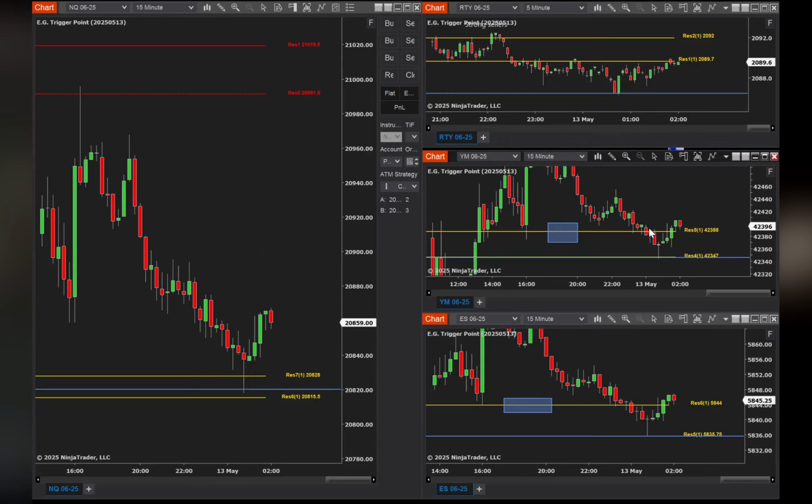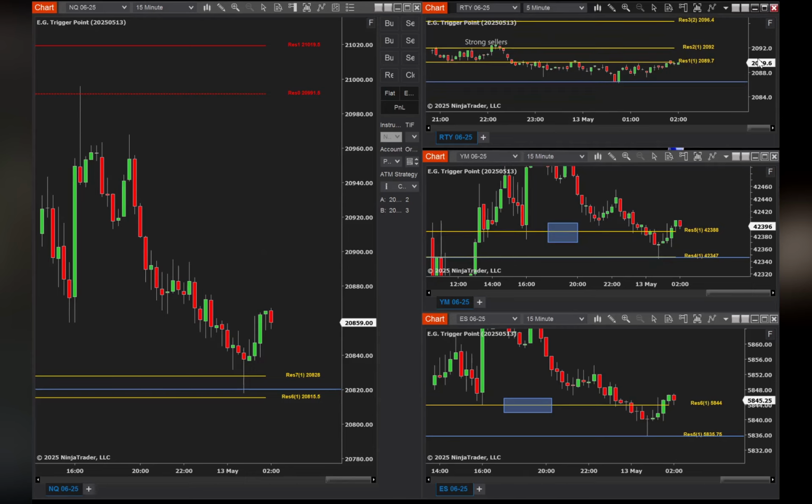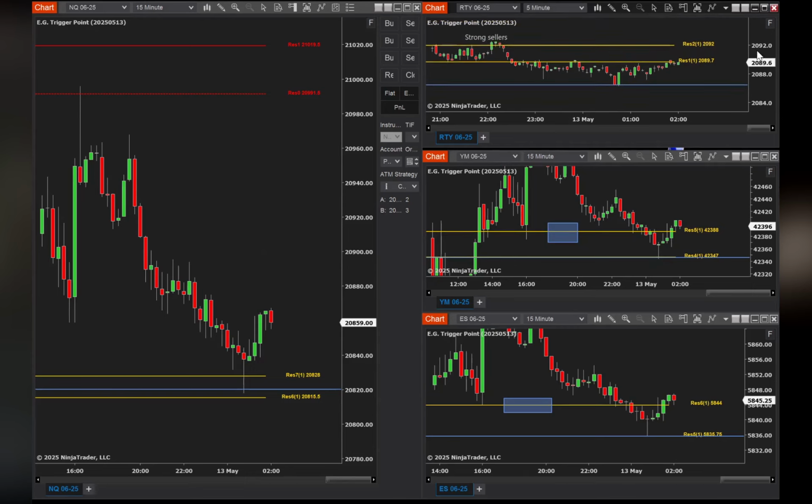I took this short opportunity, but now the markets are at support. RTY was neutral at this point. It did not contradict the long trade I wanted to take because it's already here. It already bounced off resistance. Now the markets will go up higher. So guys, tools like the moving average only tell you what the market did until this point.